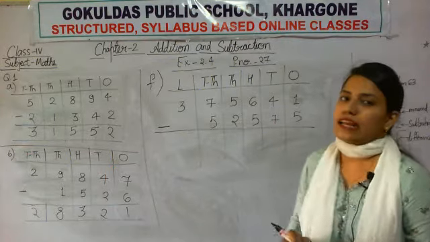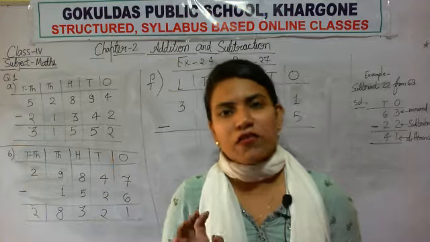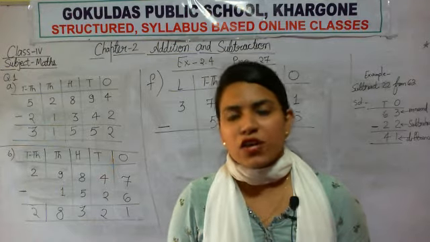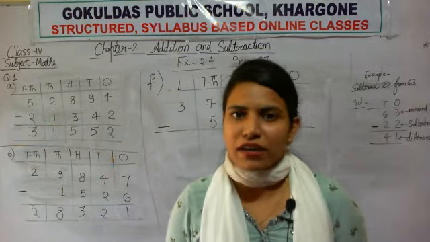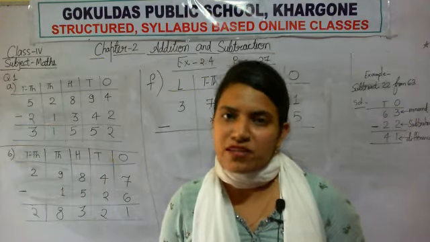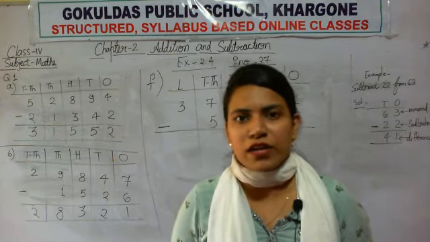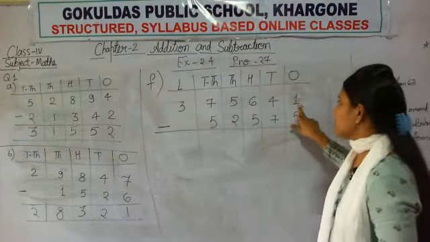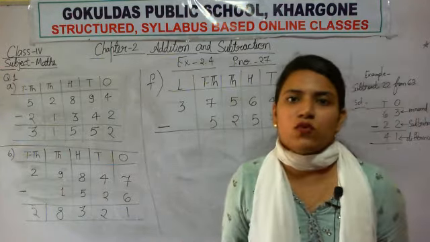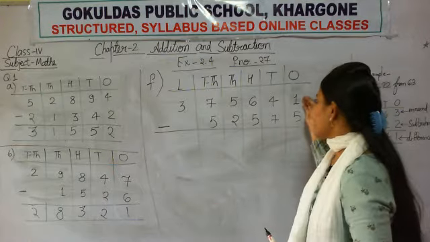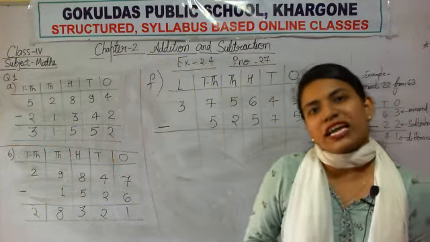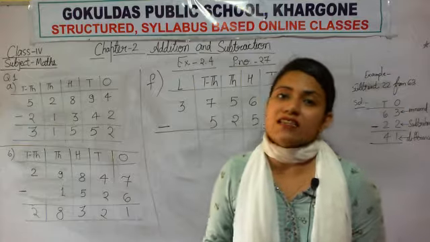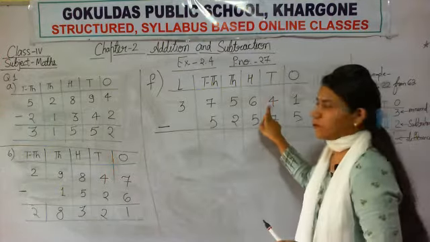Okay. When in class you forget your pencil or pen at home, what do you do? You borrow pen or pencil from your friend, right? Please give me, today I forgot my pen box at home, so please give me. So here also this number doesn't have enough value, so we cannot subtract 5 from it. So what will it do? It will ask from its neighbor.